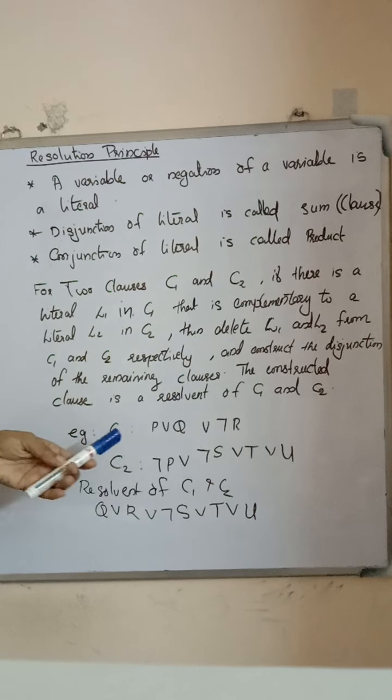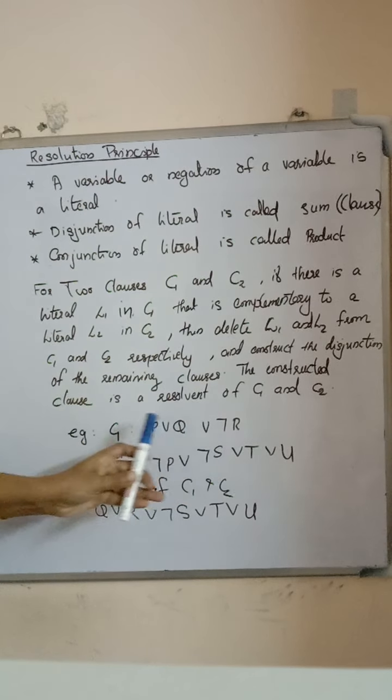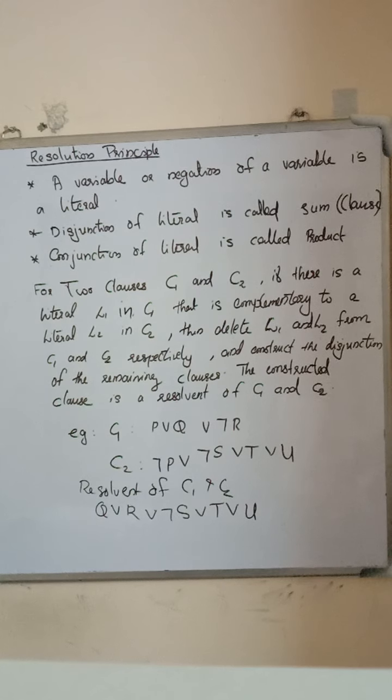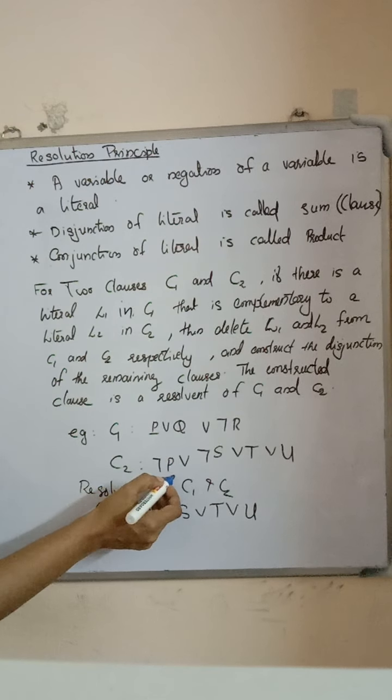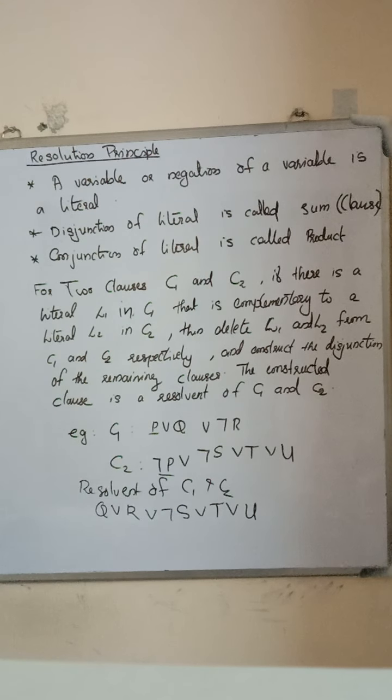Here the disjunction of literals is a clause. Here P is in C1 and negation P is in C2.